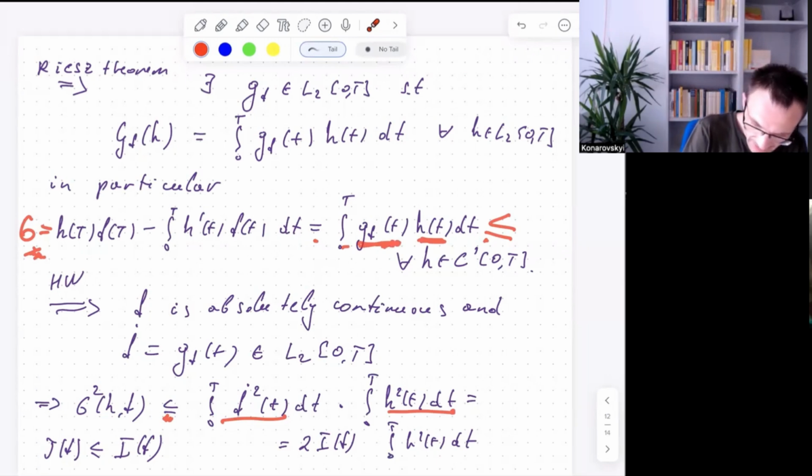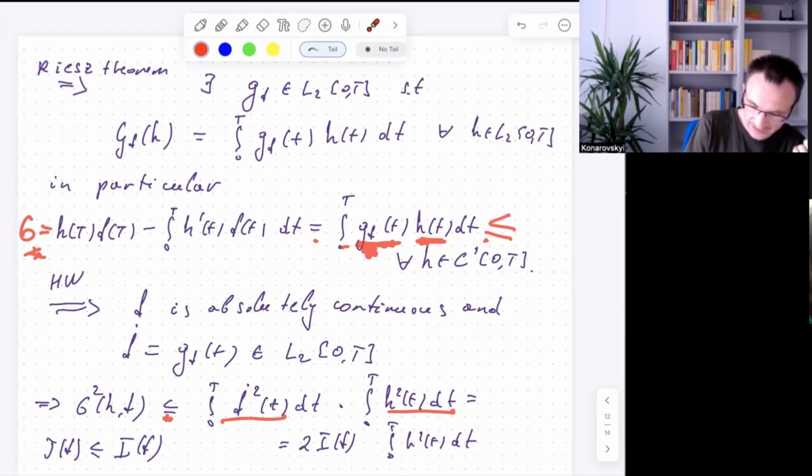Okay, but here the h has to be a continuously differentiable function. If this function is not continuously differentiable, then you cannot take h that is proportional to the function g, that is, g multiplied by some constant. But you remember that your space C1, the space of continuously differentiable functions, is dense in L2.